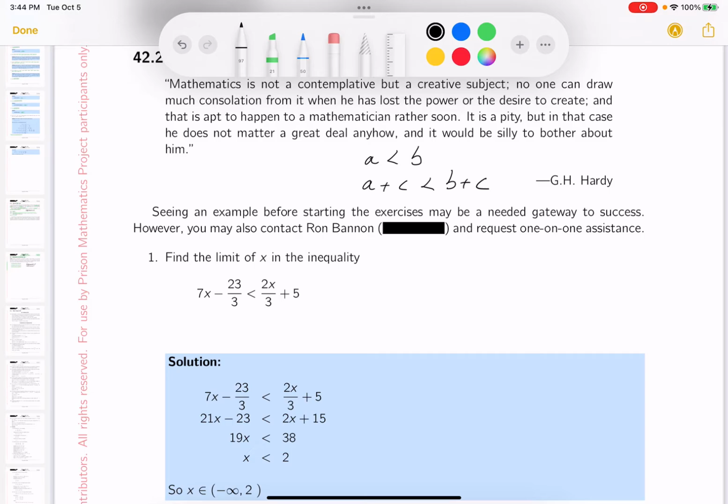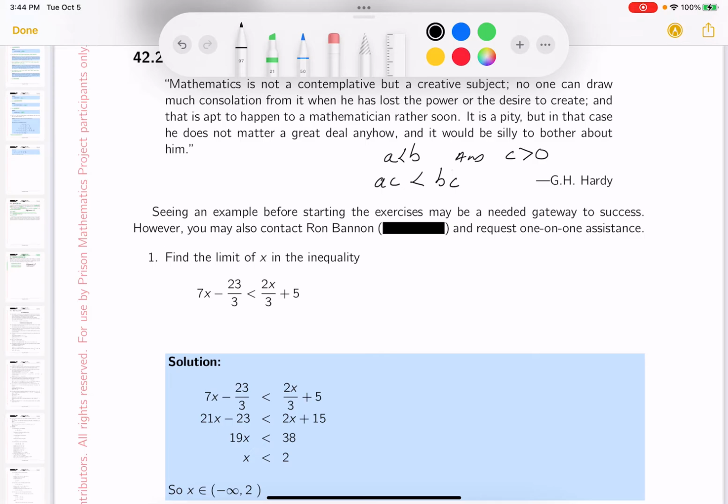The other one I'm going to be using is something that's a bit tricky. If A is less than B and C is greater than 0, I can say that AC will still remain less than BC, provided C is greater than 0.